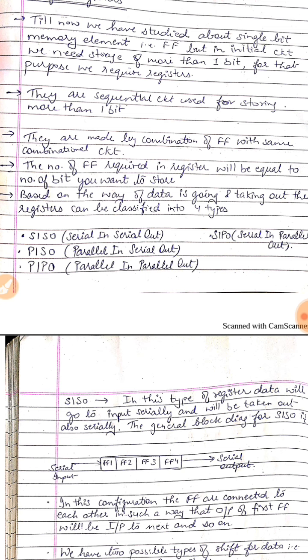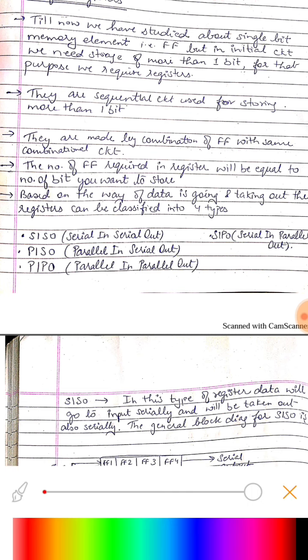That is, it can either store 0 or it can store 1. One bit of information can be stored in a flip-flop, and we have already seen different types of flip-flops like SR flip-flop, JK flip-flop, T flip-flop and D flip-flop.